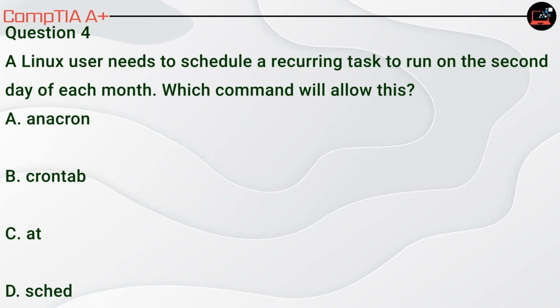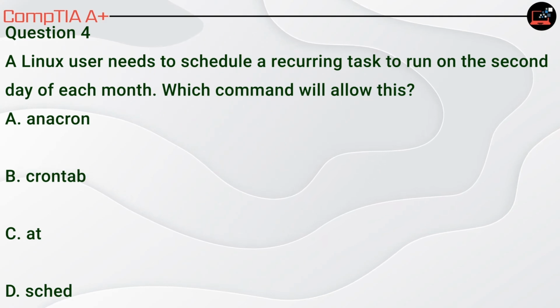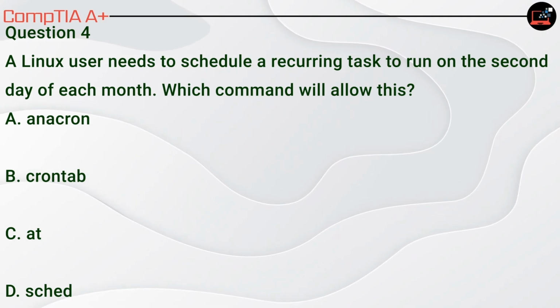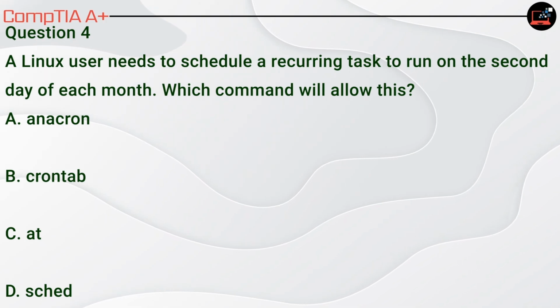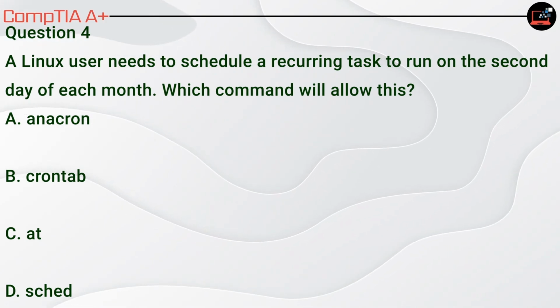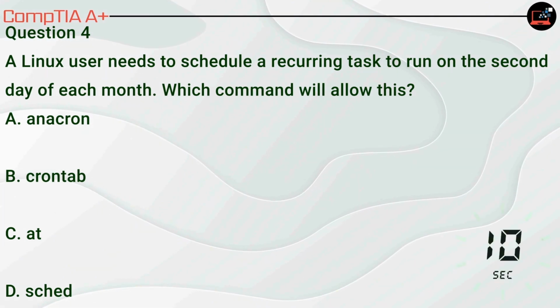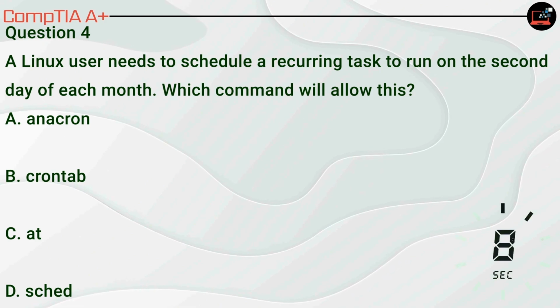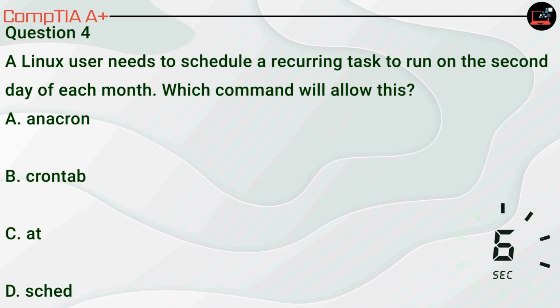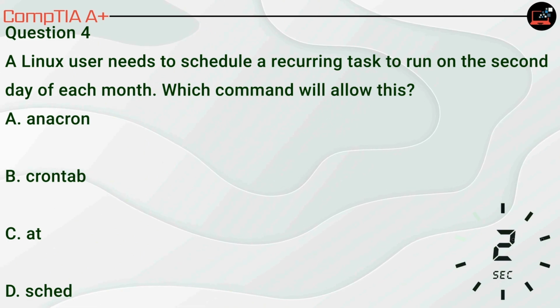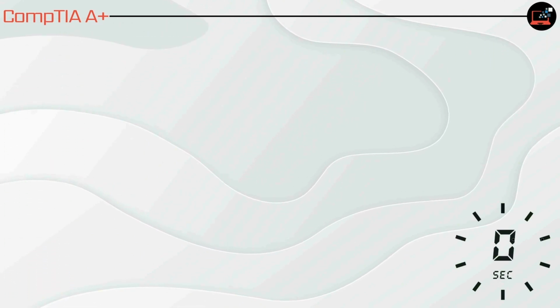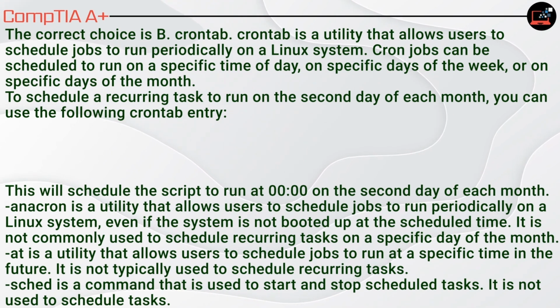Question 4. A Linux user needs to schedule a recurring task to run on the second day of each month. Which command will allow this? A. Anacron, B. crontab, C. @d, D. sched. The correct choice is B. crontab.